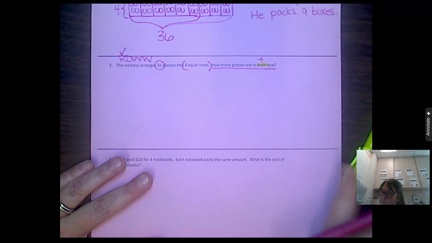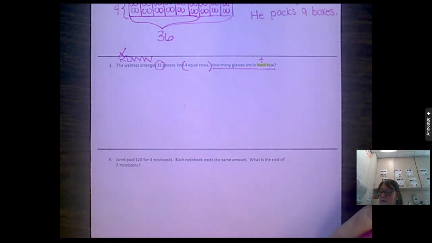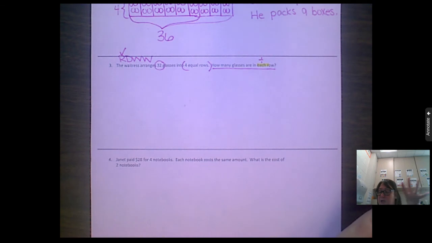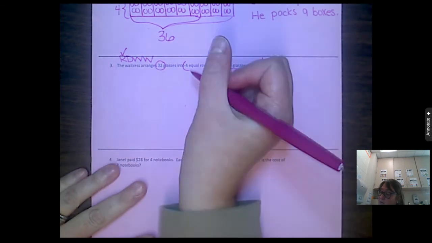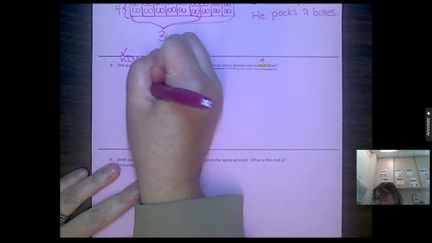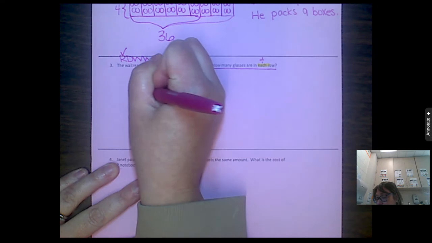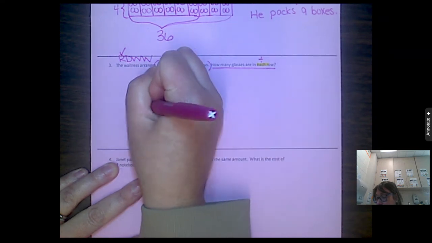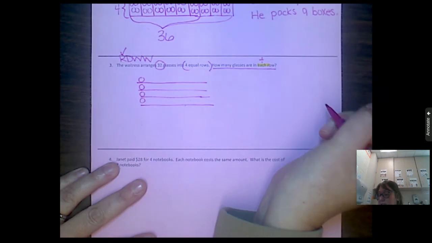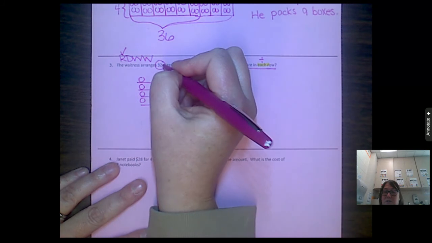Next comes the draw. So I want to draw an array, but like I said, if you have something else that is speaking to you to draw, you can. So 4 equal rows. So I'm going to do 1, 2, 3, 4. So I just put the first one in my rows. And I'm going to keep adding to each row until I get to my total of 32.